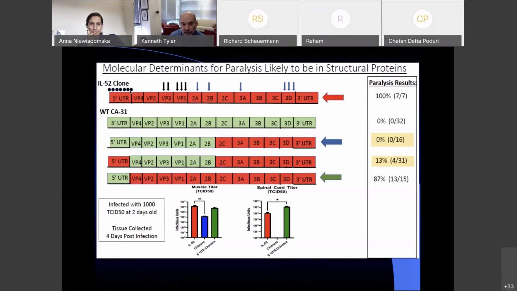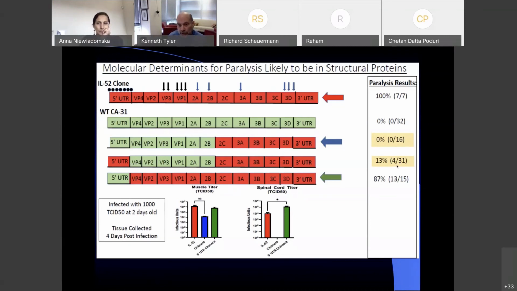I think you can see here that if you take a virus that has the whole right-hand portion of the virulent IL-52, but all the capsid proteins plus the UTR plus 2A and 2B of the attenuated California virus, it remains attenuated. If you swap out the UTRs, you do get a little bit of a virulent signal. Instead of 0% paralysis, you maybe get 13.